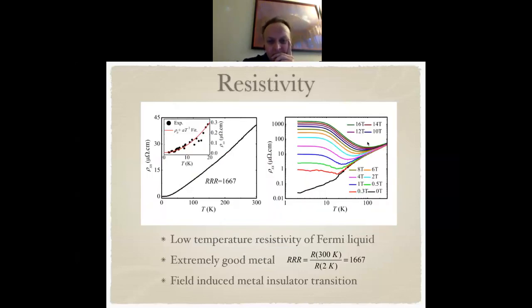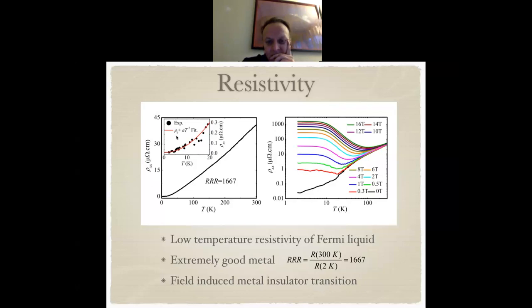Let's see. So the resistivity, you can see here it's got a metallic behavior. It basically falls off to 0. At low temperatures, it follows the Fermi liquid T² dependence. It's got a very small rho naught, which is the residual resistivity.